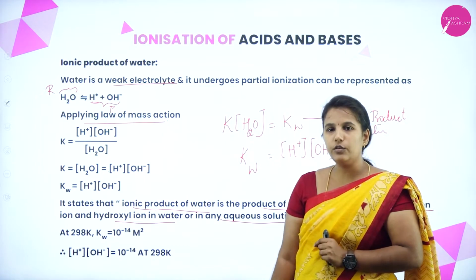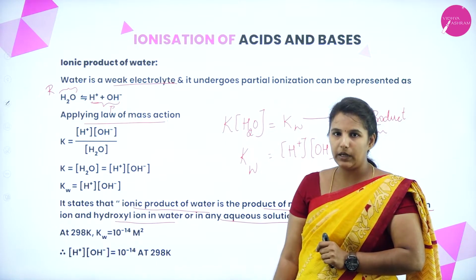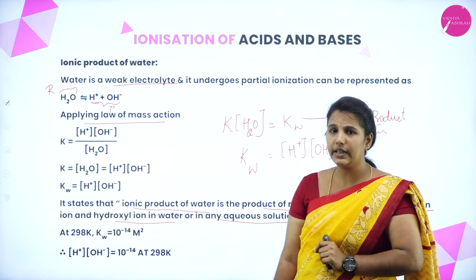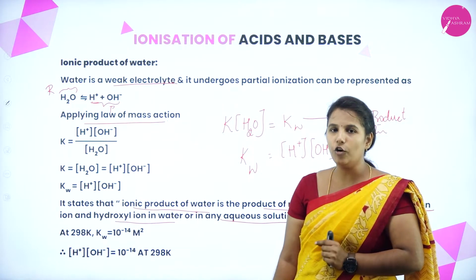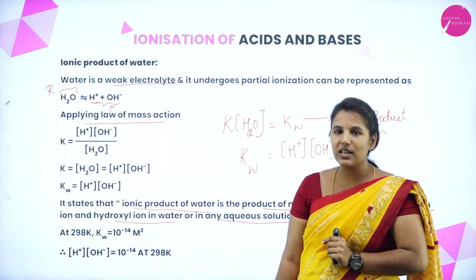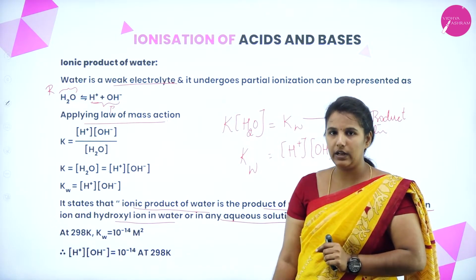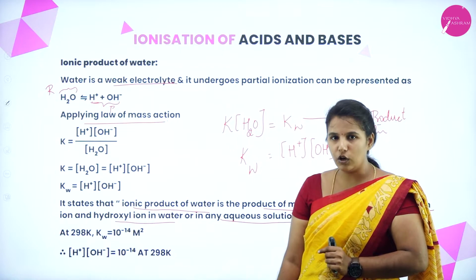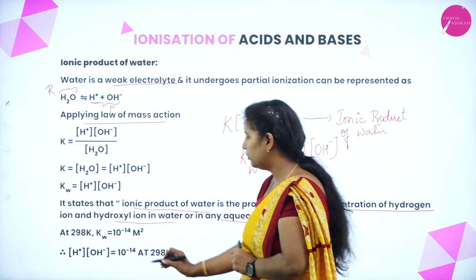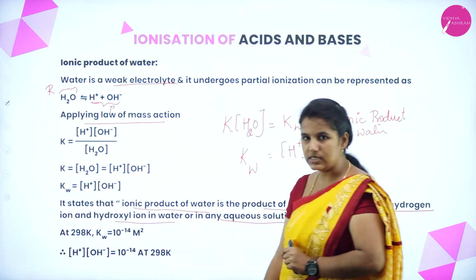Now we need to find out at constant temperature, that is at 298 Kelvin, what is the value of Kw? Kw is nothing but the ionic product of water. At 298 Kelvin, the ionic product of water will always be equal to 10 to the power of minus 14.